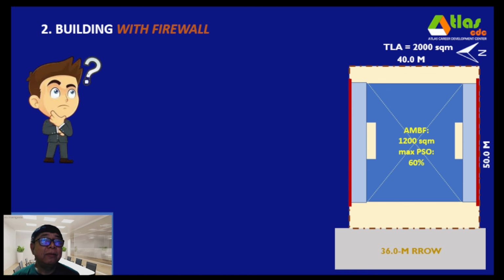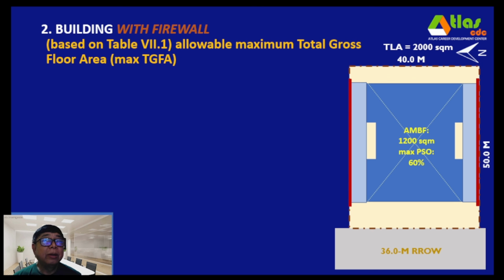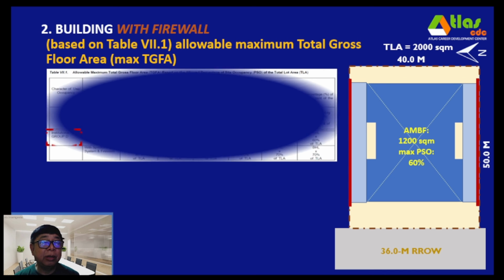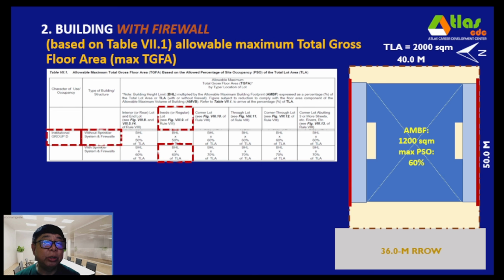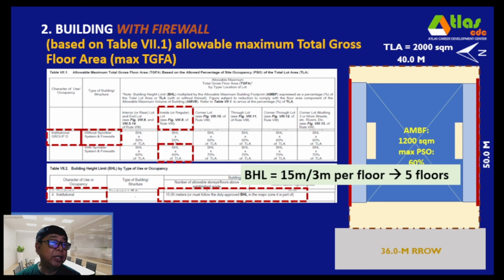And then for the allowable, maximum total gross floor area or maximum TGFA for the project, referring to table 7.1 for the allowable maximum total gross floor area, here institutional with firewall is now BHL times 60% of the TLA. So again, same as kanina, our BHL as per the table for the BHL, table 7.2, 15 meters has to be converted to its equivalent number of floors.